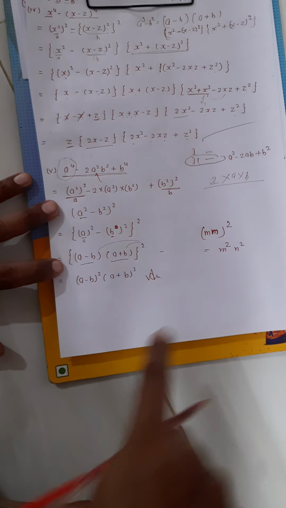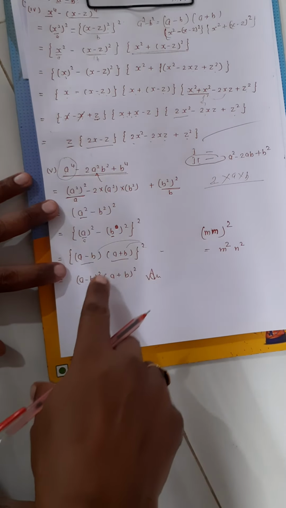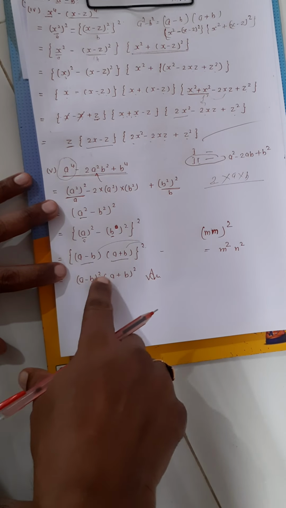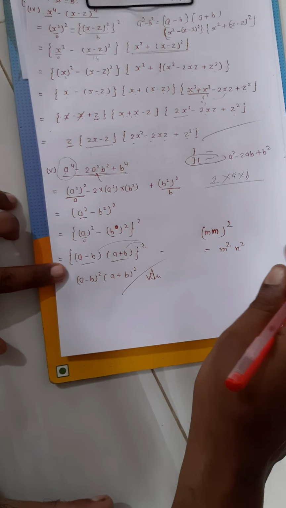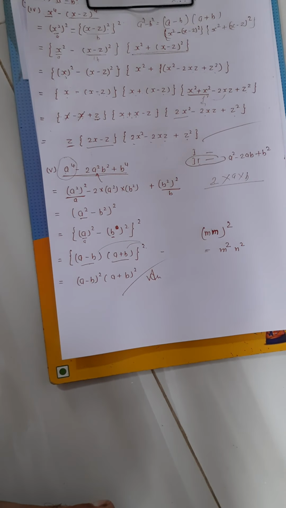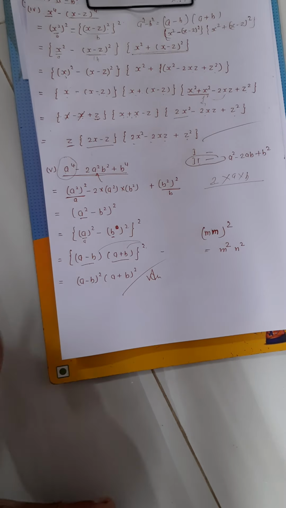You already solved this type of question, so it will be the whole square of a minus b and the whole square of a plus b. Okay, and now the question number 5 has been completed.